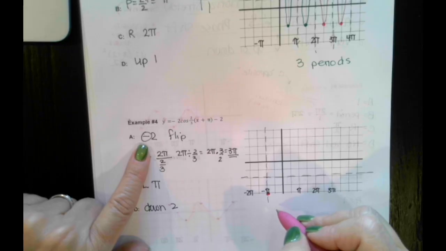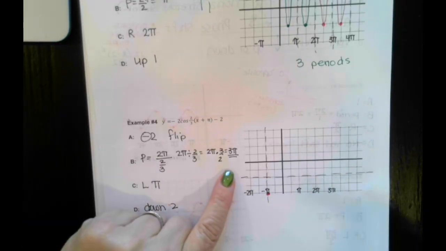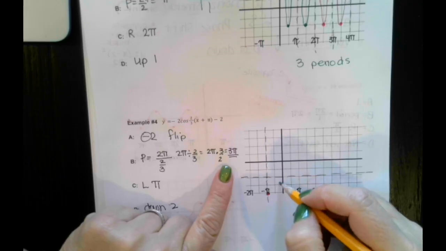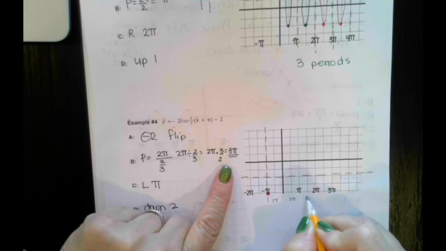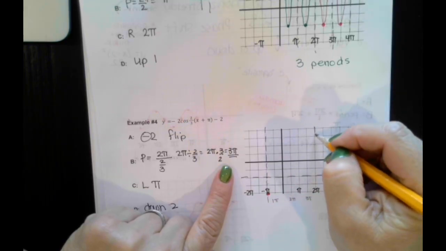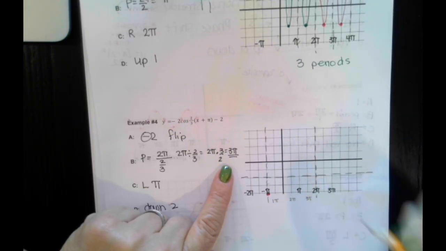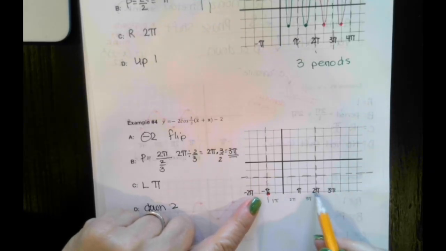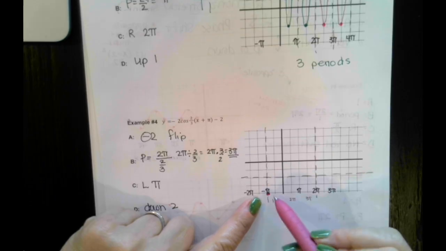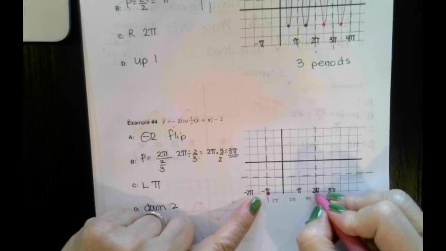Okay, I'm going to go over to, oh, I didn't do my period. Sorry, my period here is 3 pi. So if it's 3 pi, this is 1 pi. So be careful, don't start counting here. So this is 1 pi, this is 2 pi, and this is 3 pi. So I'm going to end here on my 2 pi axis. So be careful when you're counting these periods. So if this is my starting point, this is my ending point.